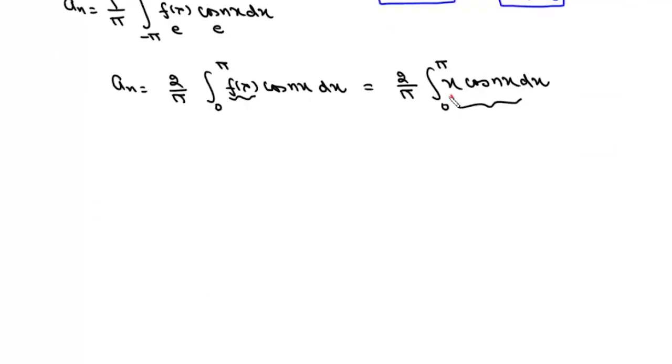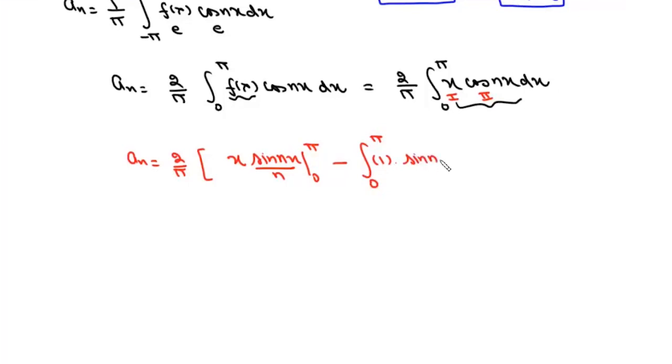So this x will be our first function and this cos nx will be our second function. So now we can write an as 2 upon pi and then x as it is, times the integral of cos nx, which is sin nx upon n from 0 to pi, and then minus the integral from 0 to pi, derivative of x is 1, and here will be sin nx upon n into dx.